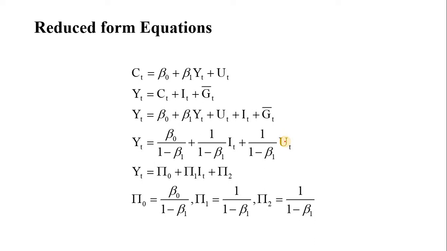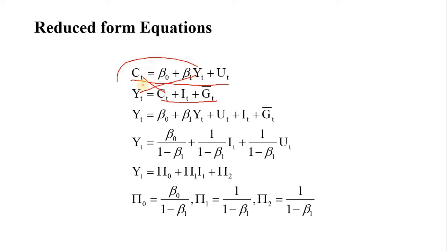Okay, so here we have an equation Ct is equal to beta 0 plus beta 1 Yt plus ut. Okay, then as you know, this Yt is Ct plus It plus Gt. So look at this, Ct is here and Yt is also here. Ct, which is a dependent variable in the first equation, is coming as an explanatory variable in the second equation.